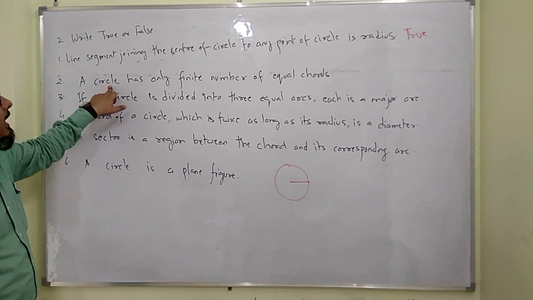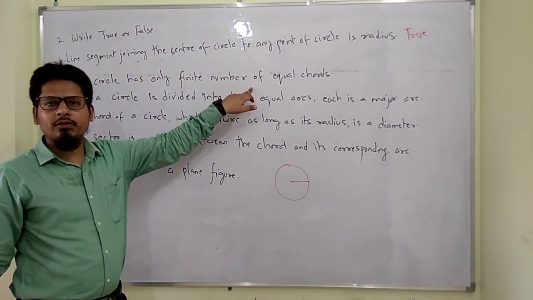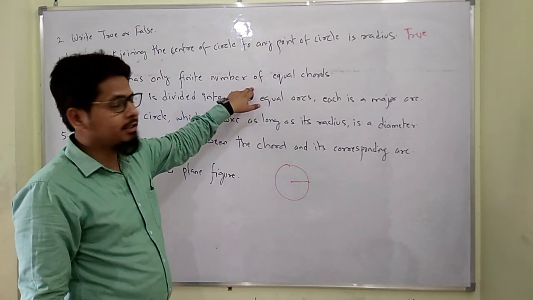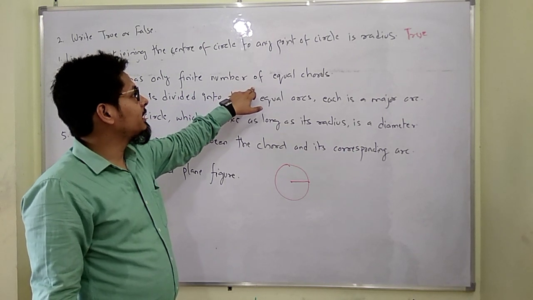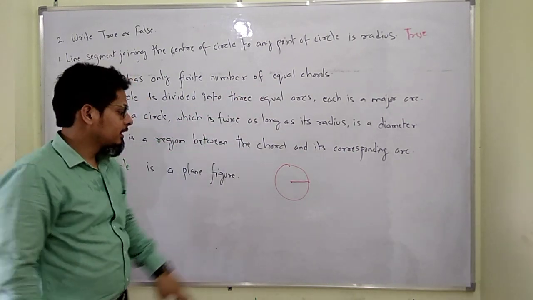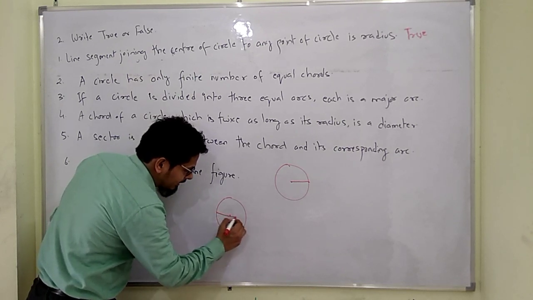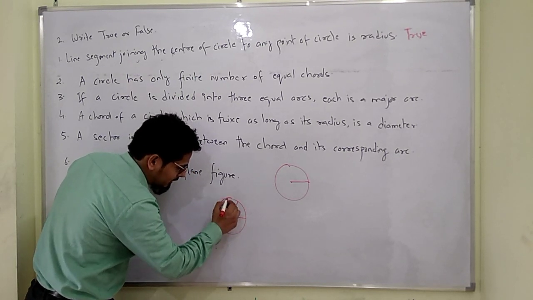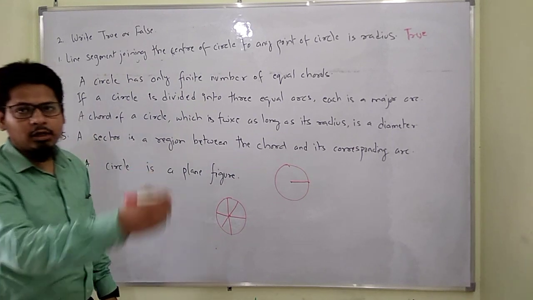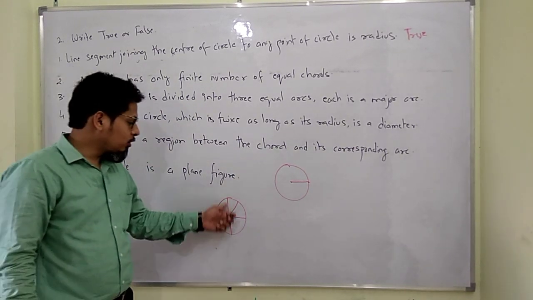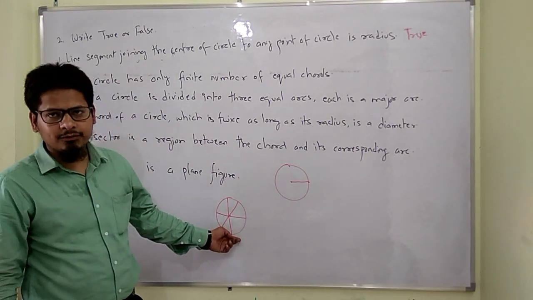Second: a circle has only a finite number of equal chords. Equal chords, right? What will be the equal chords? Equal chords means if you draw a circle here, and this chord, all the chords I'm drawing here are equal to each other, right? And these chords are diameters of the circle.